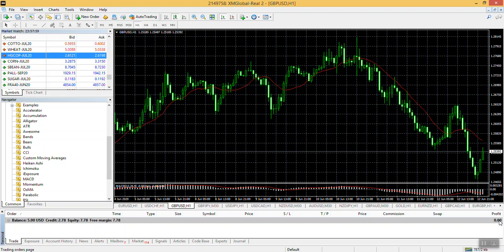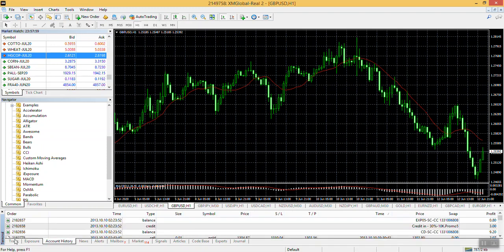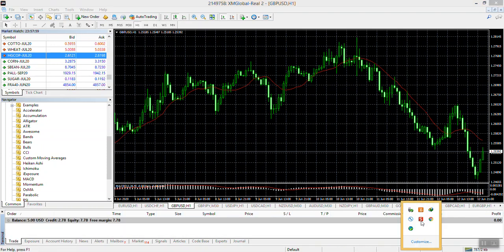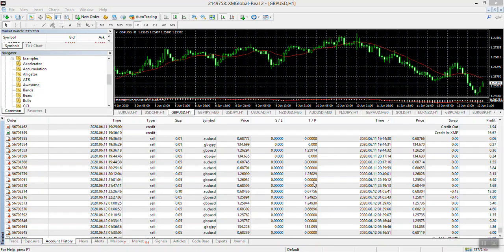When you are making a loss and you don't want to lose further, you close. If you're making a profit and you just want to close your market at that profit, you come here, you click, and you close. Once you close, it's going to appear here on the account history. This is just an example of the account history.